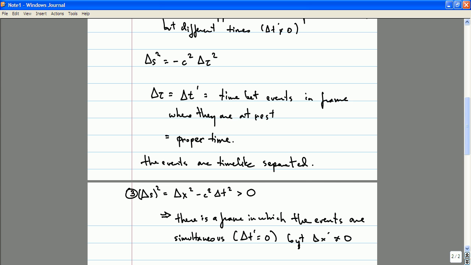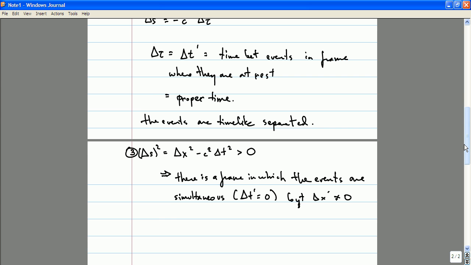Okay, so let's see why it's possible to set delta t prime equal to 0. Well, if you start out with delta s as measured in some frame, in terms of delta x and delta t in that frame, then in a new frame, S prime, the time separation delta t prime is just given by the Lorentz Transformation law.